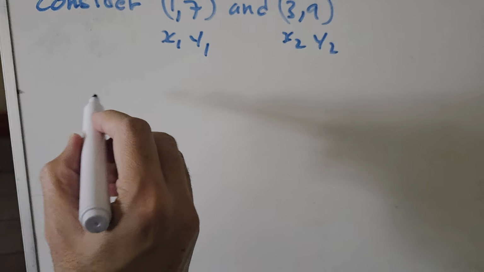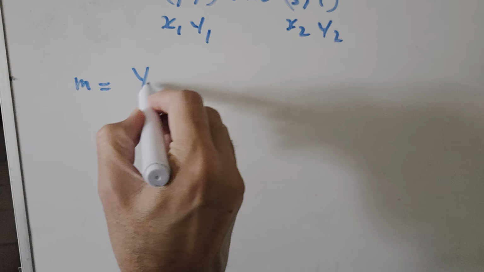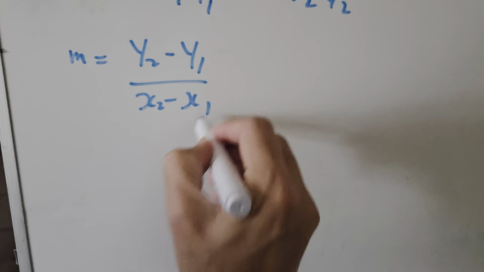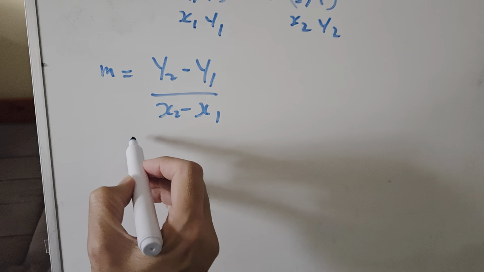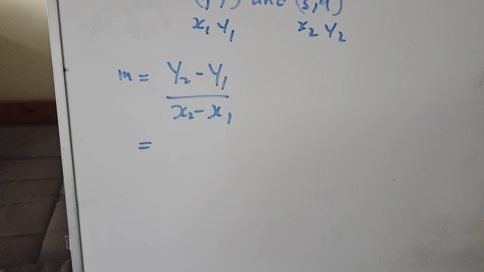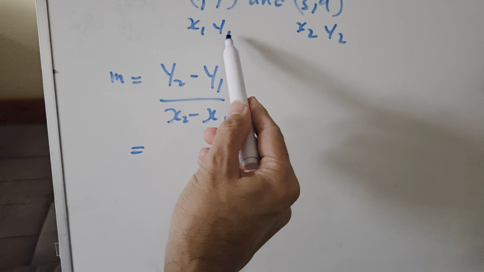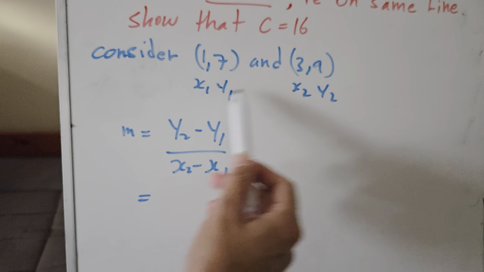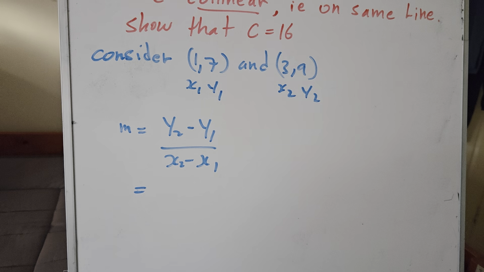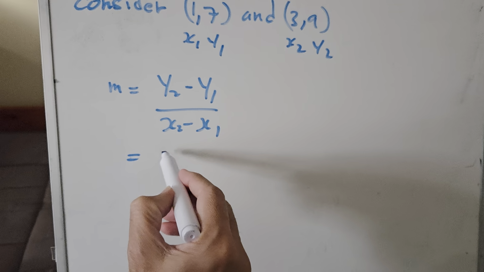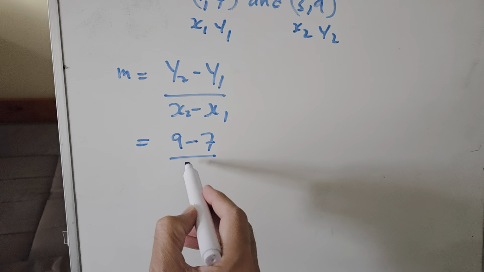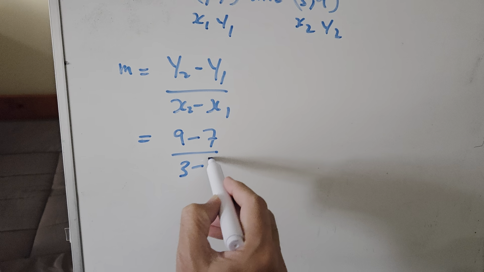Find the gradient. The gradient formula: m is equal to change in y over change in x, y2 minus y1 over x2 minus x1. Usually the first coordinate is x1, y1 and the second one is x2, y2, so maintain the order. y2 is 9, take away y1, which is 7. x2 is 3, take away x1, which is 1.